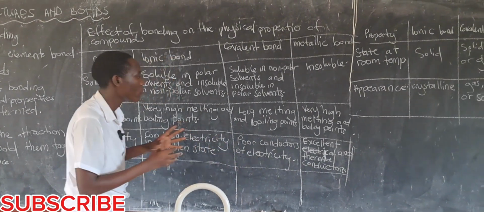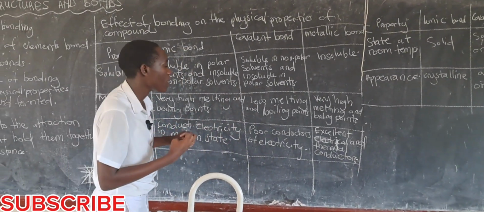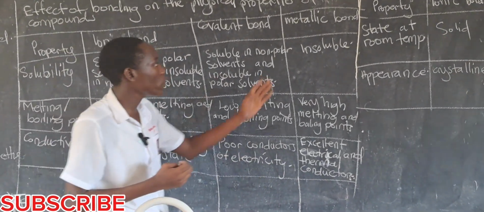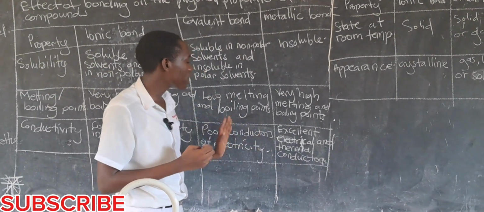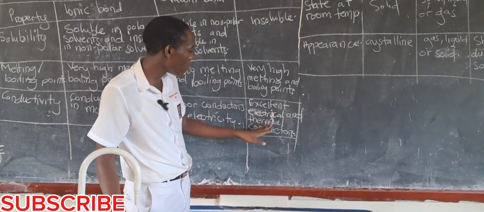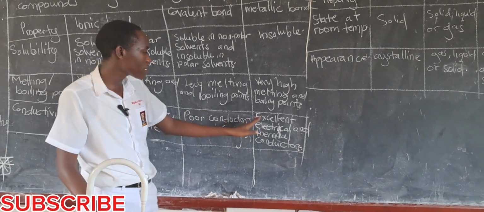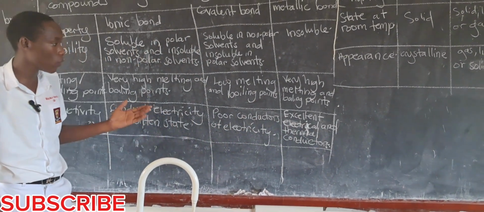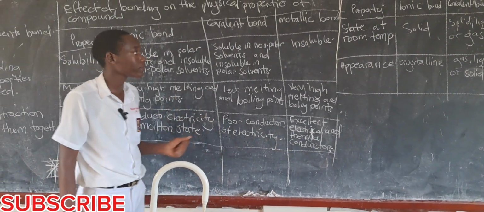For example, a nitrogen molecule cannot conduct electricity. Then we have metallic bonds. Substances having metallic bonds are excellent electrical and thermal conductors. It means they can easily conduct electricity and heat.